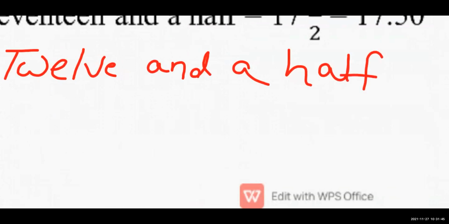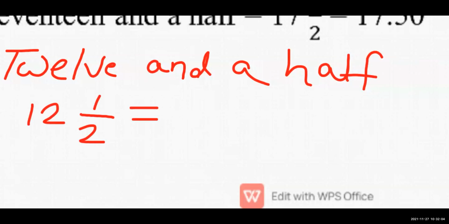What will be my first number? Yes, very good. It is 12. Very nice. Half means 1 upon 2. So this I have written in the form of fraction.